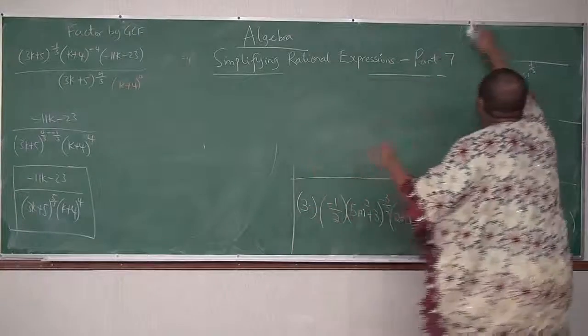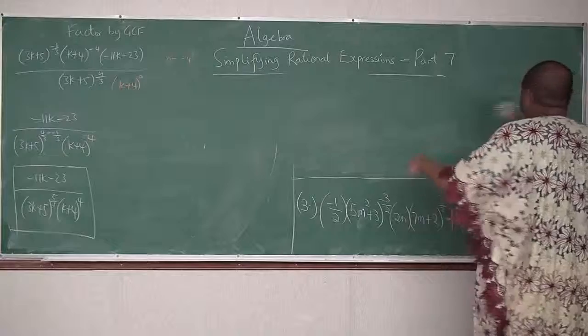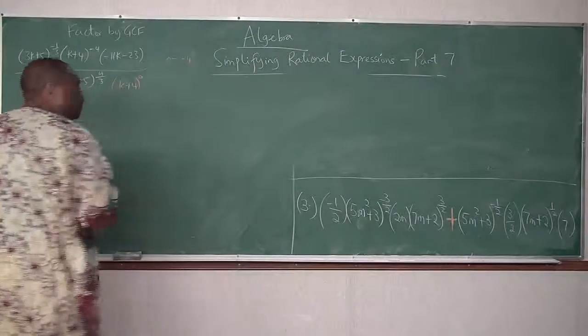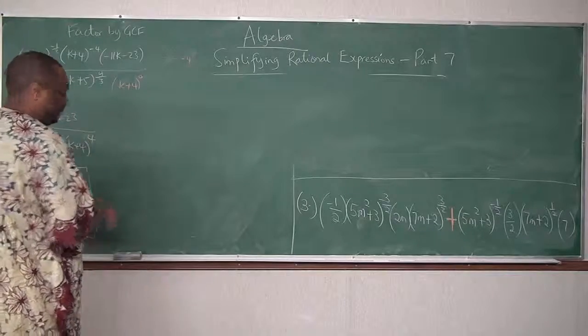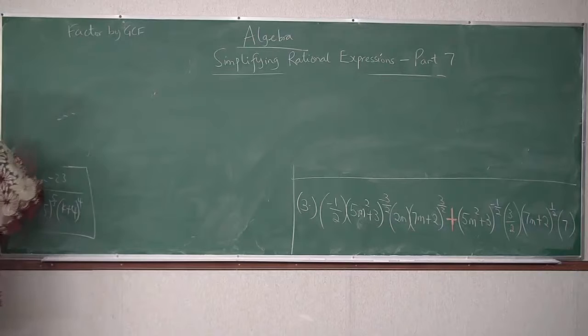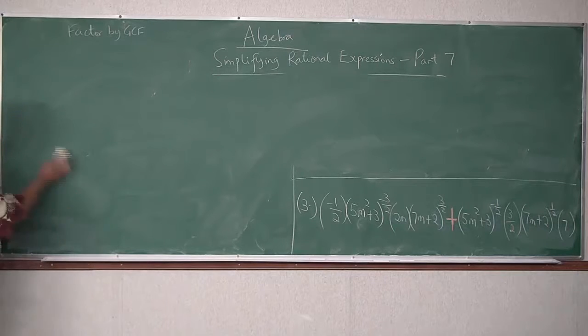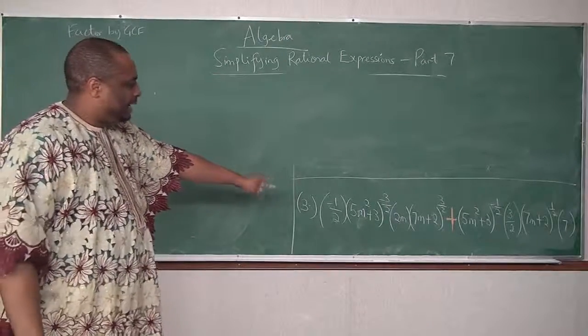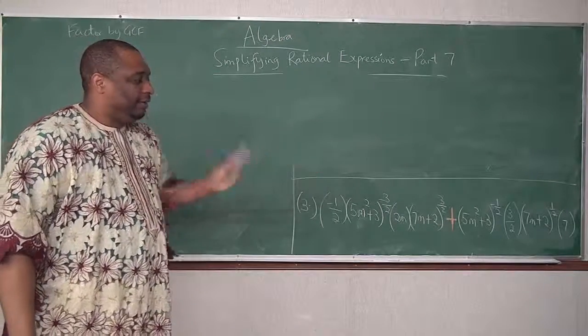We just go step by step, and you get it right. Let me go ahead and erase this right away. So, the last but not the least, we have negative 1/2, and here we have 3 over 2.